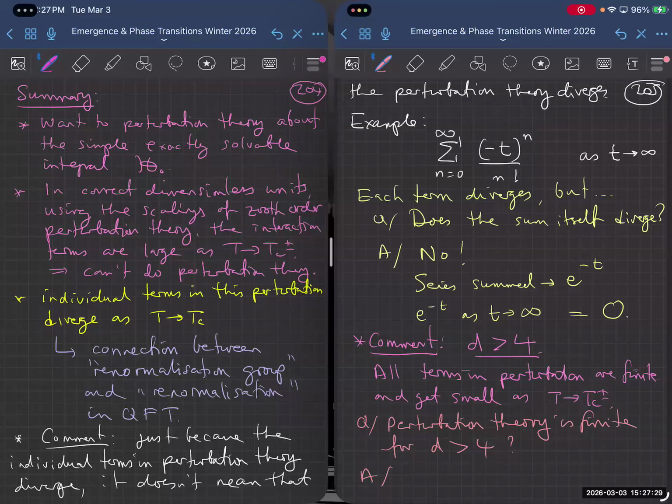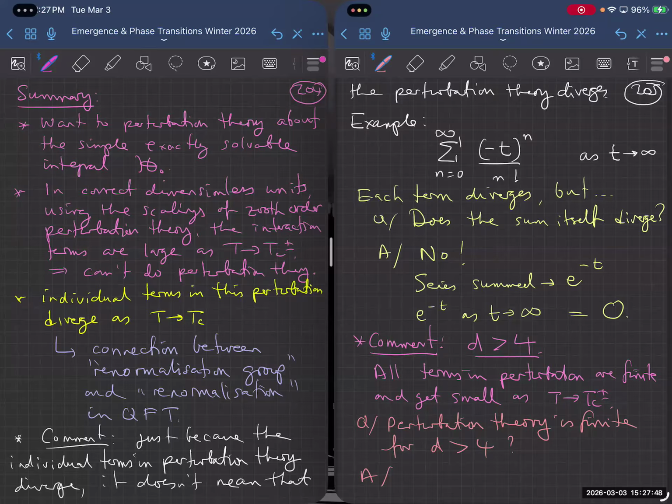Okay. Does it converge? Who thinks yes? It's plausible that it would, right? Because these terms are getting smaller, you might say it's a convergent series. Okay, it's not true.